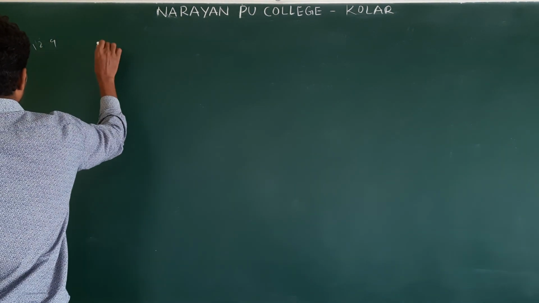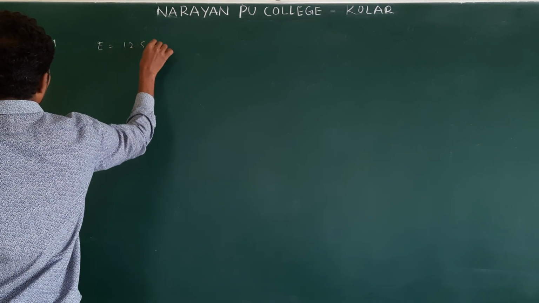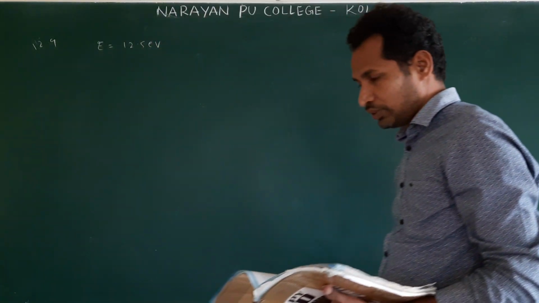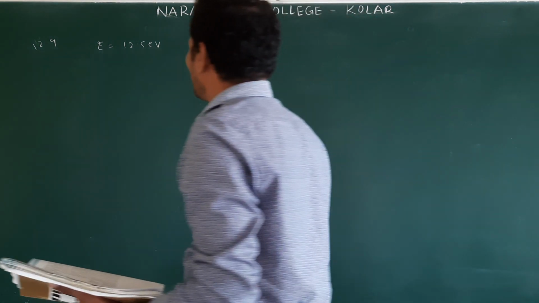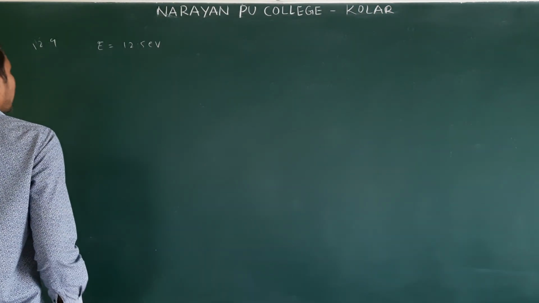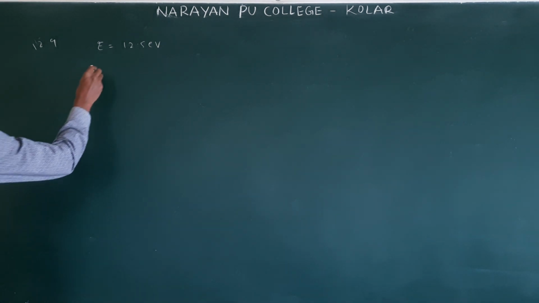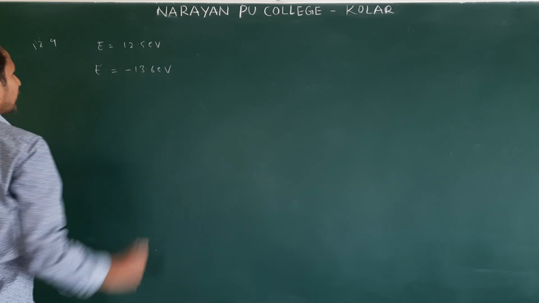E is equal to 12.5 eV. Clear? So now, what is the ground state electron energy? E is equal to minus 13.6 eV.